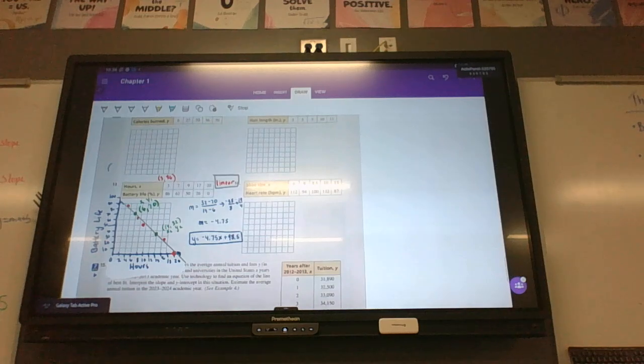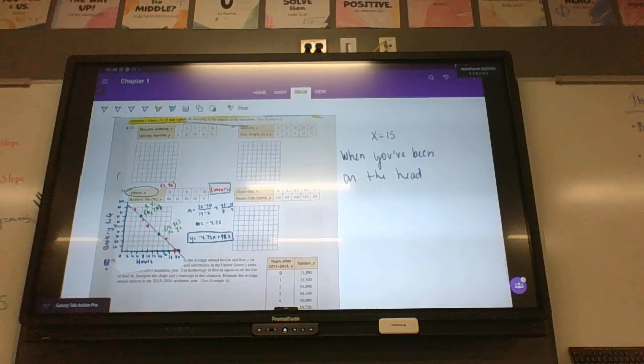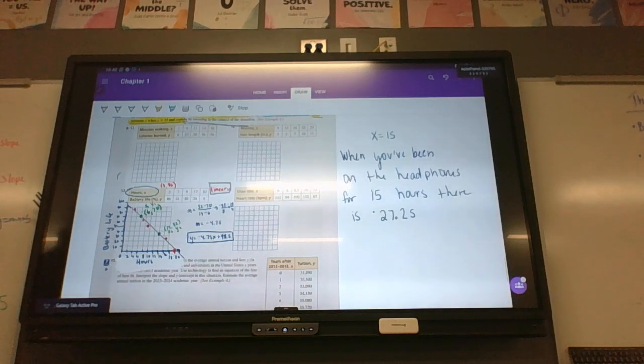Okay, let's go with headphones. All right, here we go. Because we plugged in x equals 15 and x is time on, when you've been on, or you could say when 15 hours have passed, yeah. When you've been on the headphones for 15 hours, there is 27.25% battery remaining.